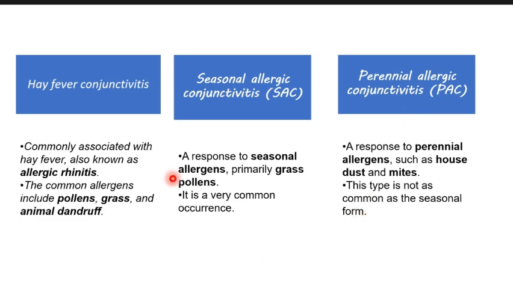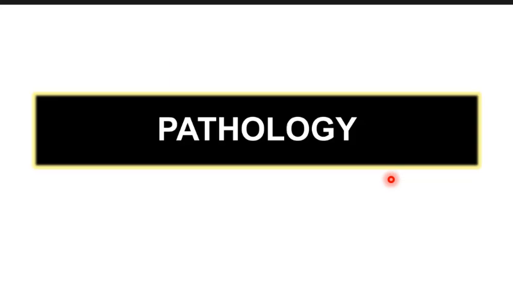Now, over here, you can see that since pollens are produced during a particular season, seasonal allergic conjunctivitis is a more common condition, and it is associated with outdoor pollens. However, perennial allergic conjunctivitis is present all around the year, and this is less common. It is not as common as the seasonal form, and is associated with indoor allergens like house dust and mites.